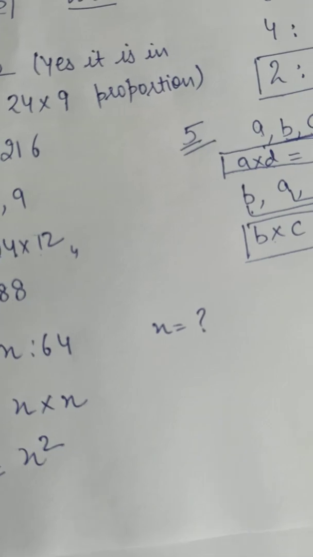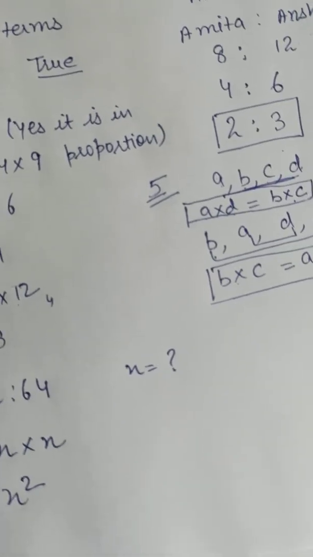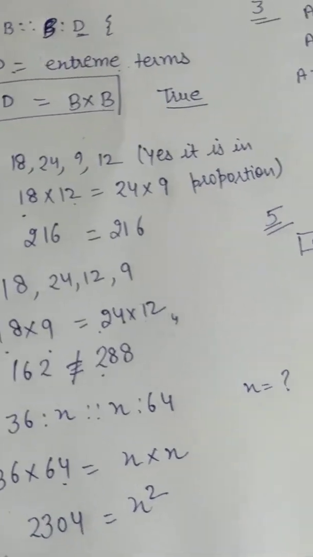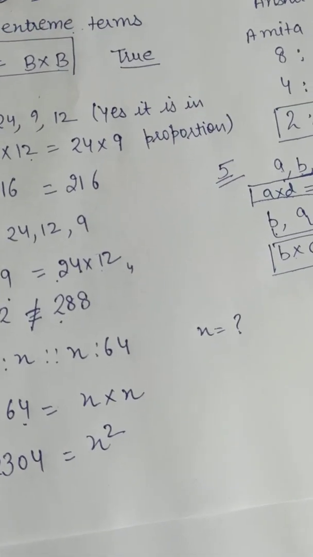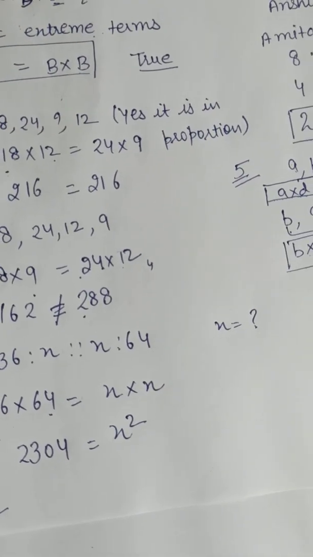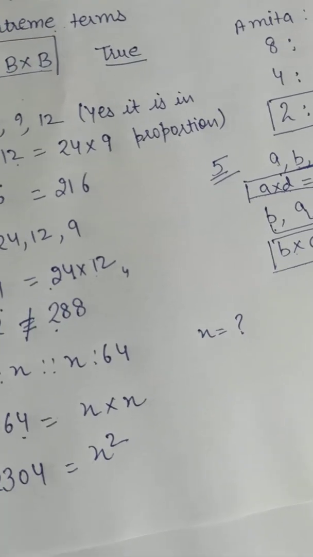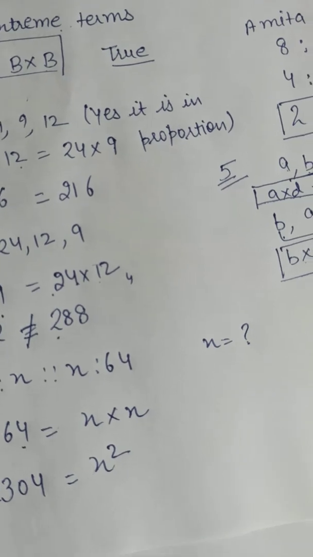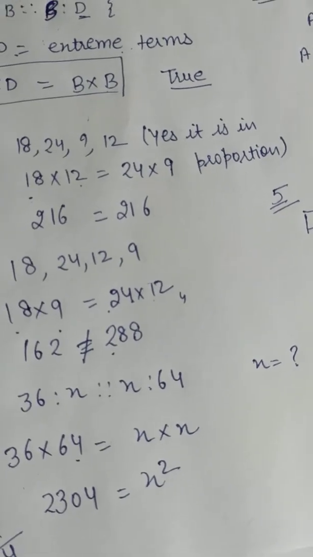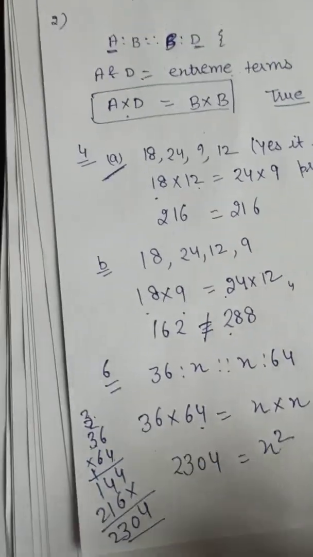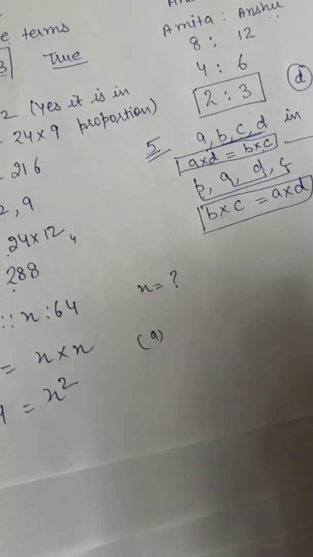Right? So now we have to find 2304 is the square of which number. So in a case like this, what will you do? You will check from the options which option is suitable.